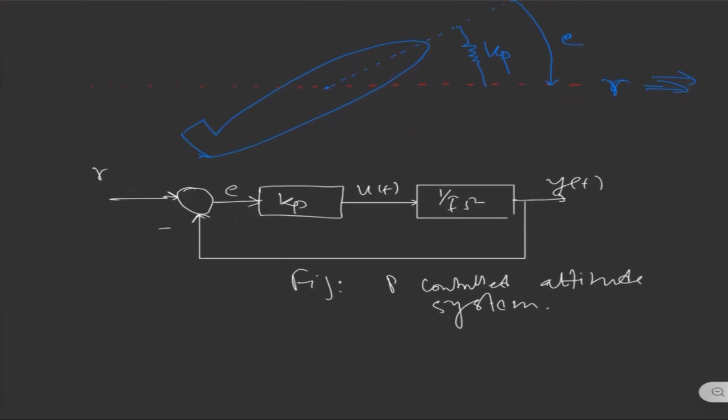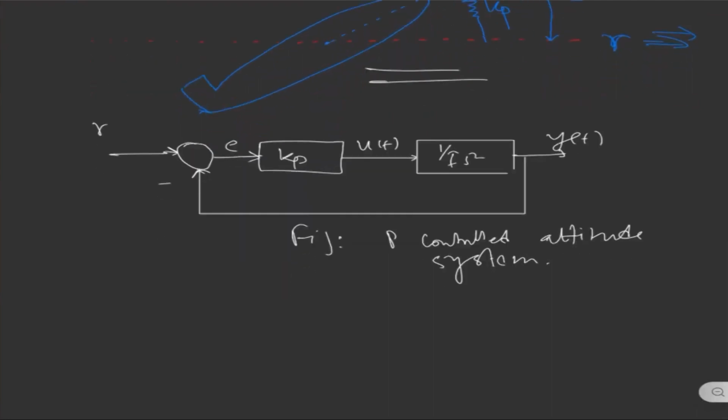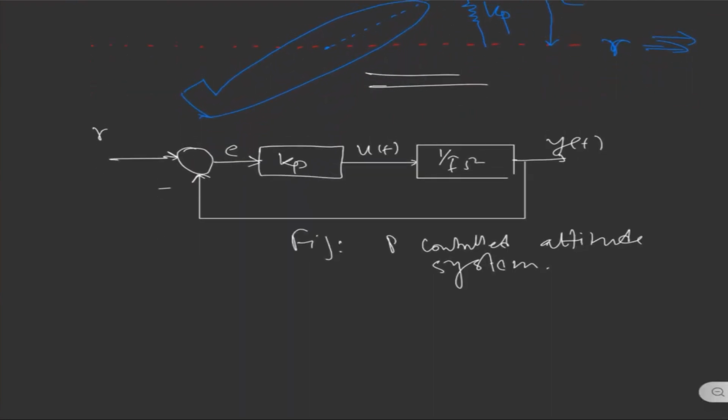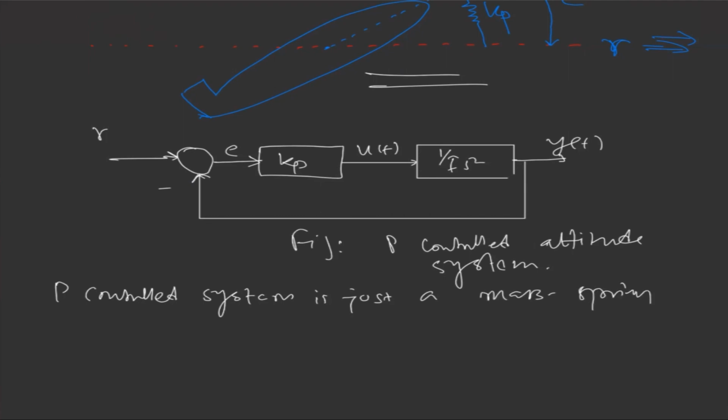So from this kind of response, we can say the P controlled system is just a mass spring system.